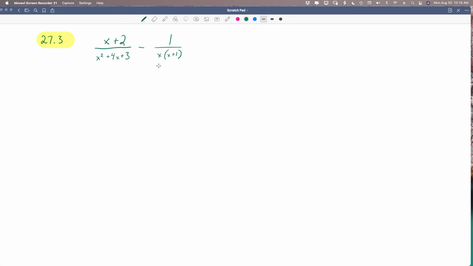It's really not. There's a simple step that you want to do first. And in this instance, the first step is not to find the common denominator. It is, but there's a step before that. We're going to simplify or factor our denominators.